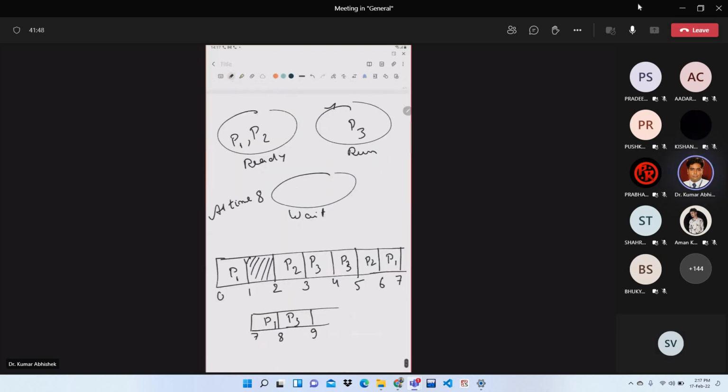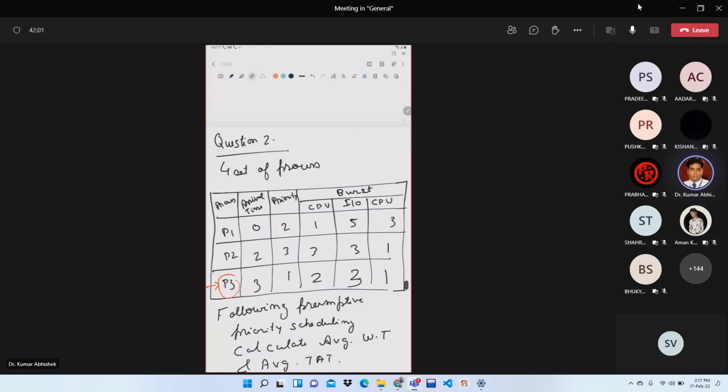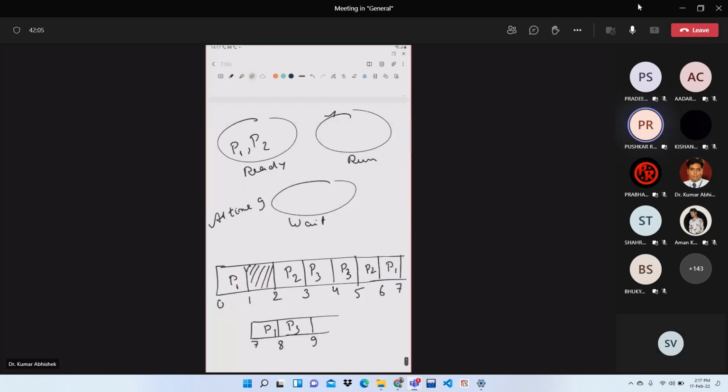At time 9, we do not have P3. Okay. So P1 and P2, which will execute? P1. P1 will execute till what time?